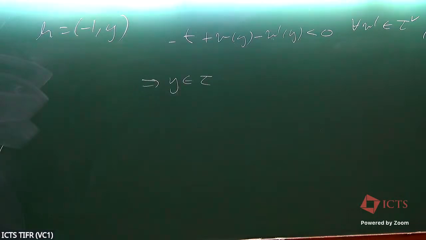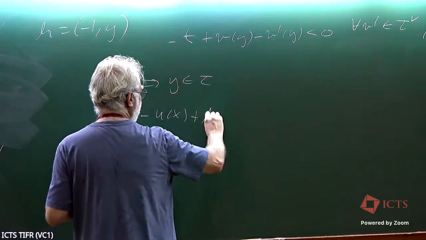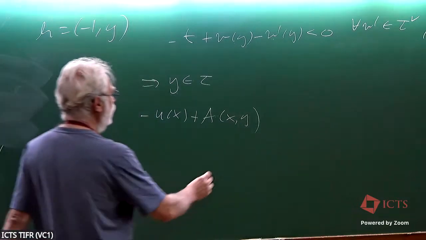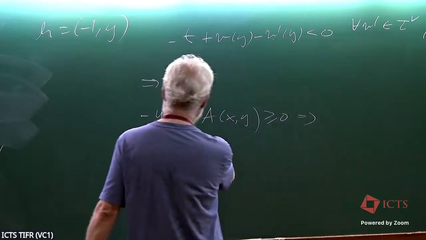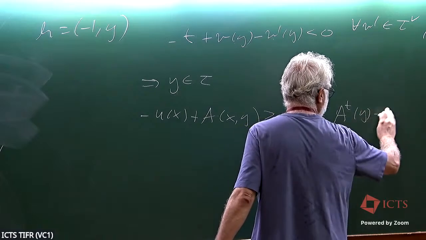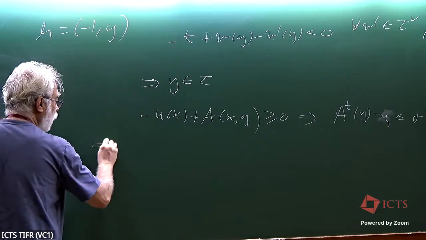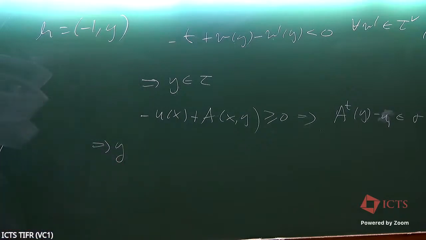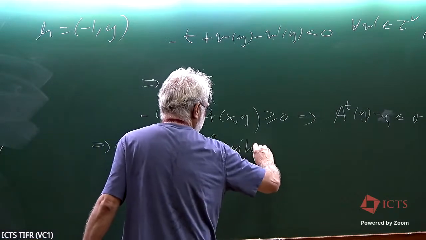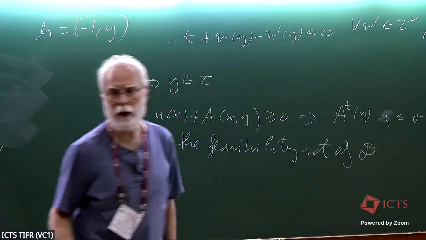Okay? And then the condition that minus U of X plus A of XY, which is the other condition, has to be bigger or equal than 0, implies that A transpose of Y minus U has to belong to sigma dual. Which means that Y is in the feasibility set of D. So we get that this is feasible.